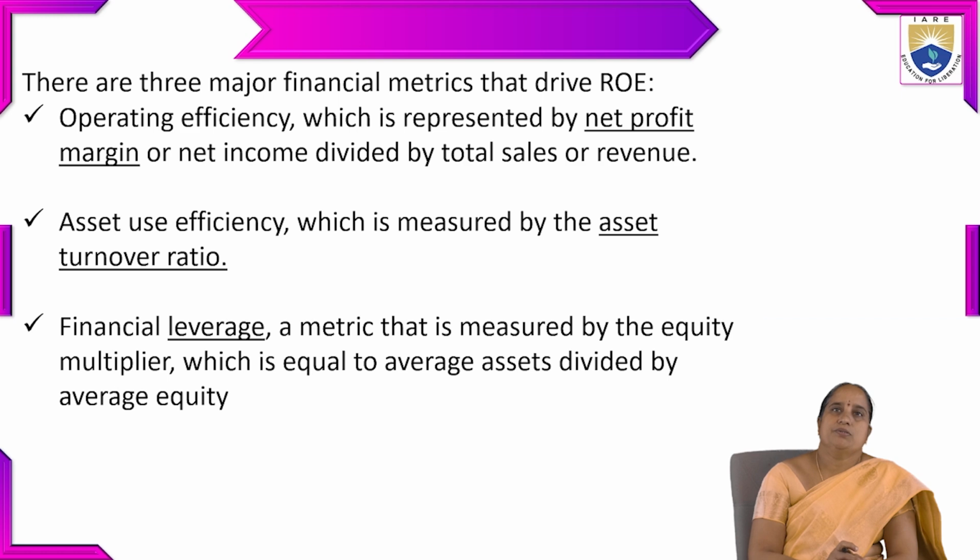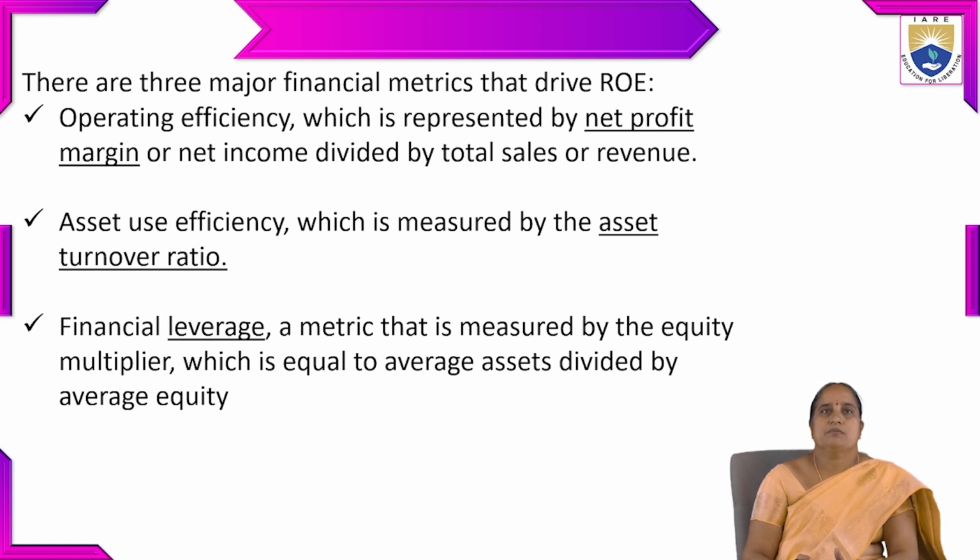There are three major financial metrics that drive ROE, return on equity. The first one is operating efficiency, which is represented by net profit margin, or net income divided by total sales or revenue. Second, asset use efficiency, which is measured by the asset turnover ratio.